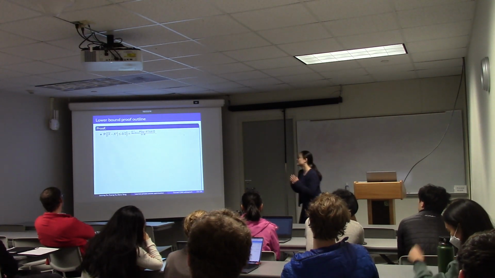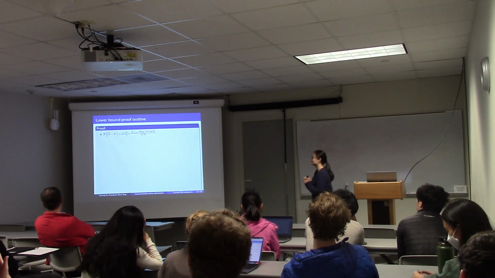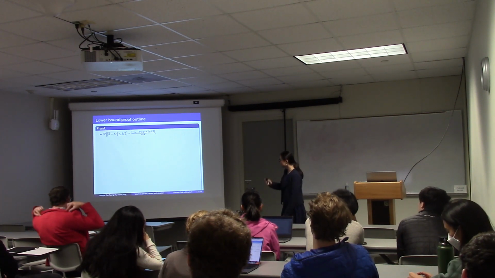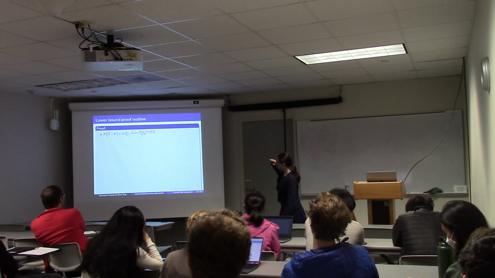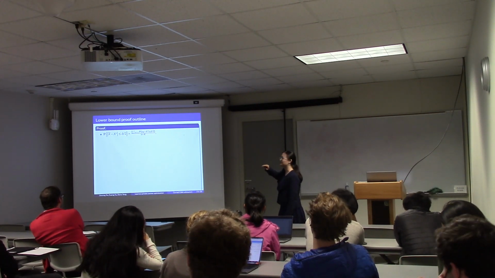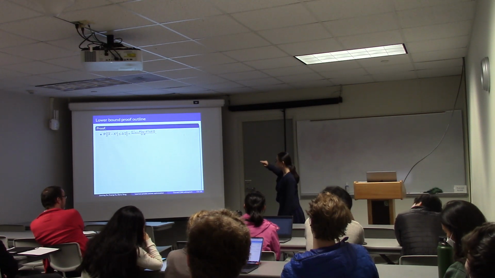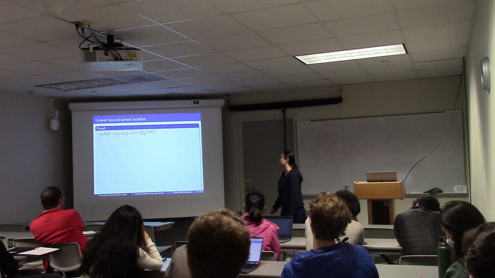So the lower bound proof can basically be summarized in one slide. Firstly, we're looking at the adversary's probability of success, that's the adversary being delta over 2 close to X star.